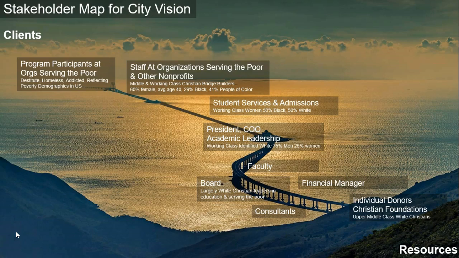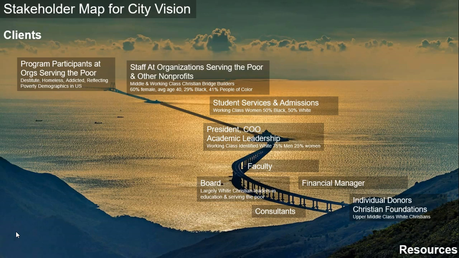Then there are folks in our organization, like our financial manager, whose main role is to provide the documentation that those with resources need. We also work with consultants, and in the past we've had development staff, who are the closest on the bridge to those with resources.